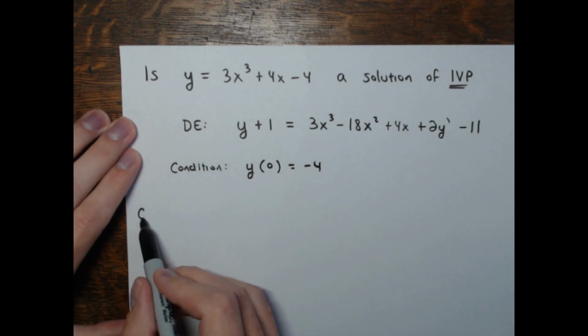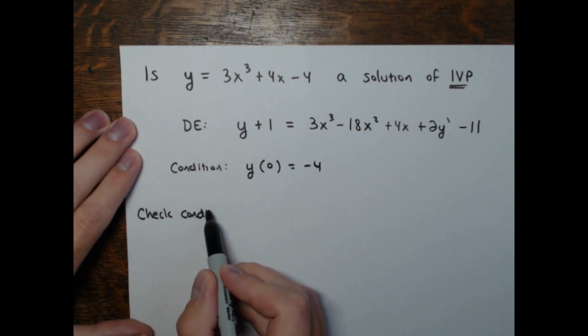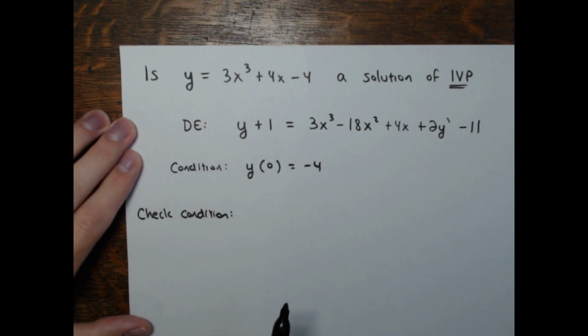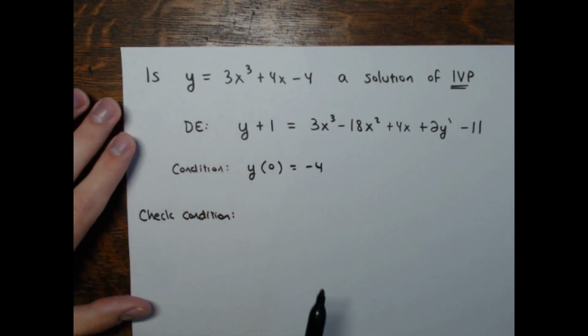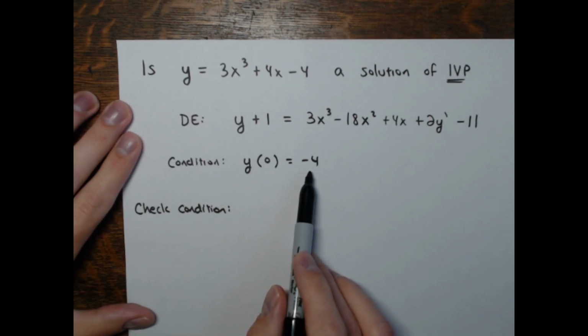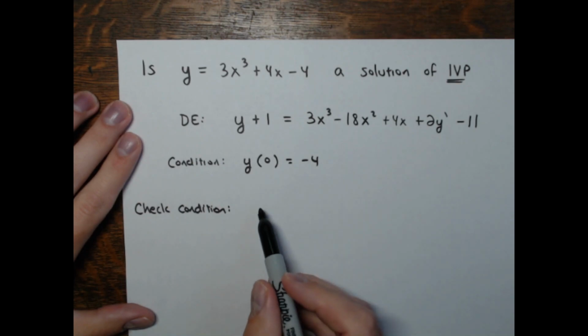So I'm going to check the condition first, because again, I think those are the easiest to check. And if the condition isn't met, then you don't have to worry about the equation. You won't have a solution. Now, if the condition is met, then we need to check to see if the equation is also satisfied.